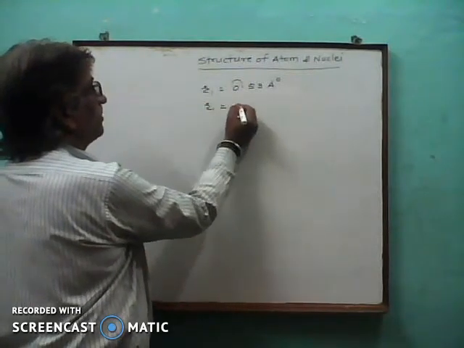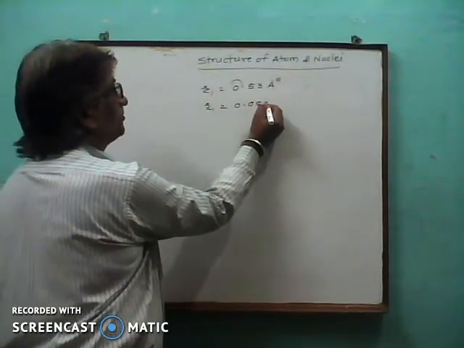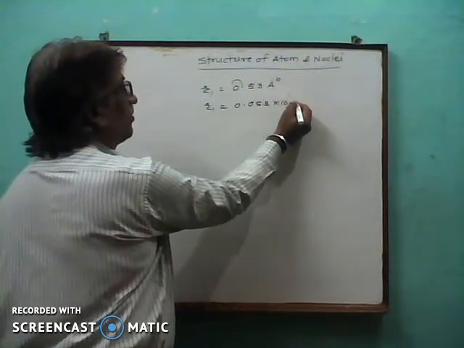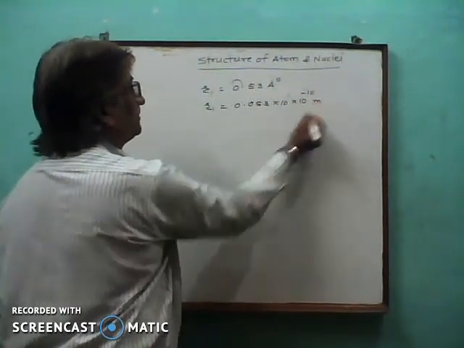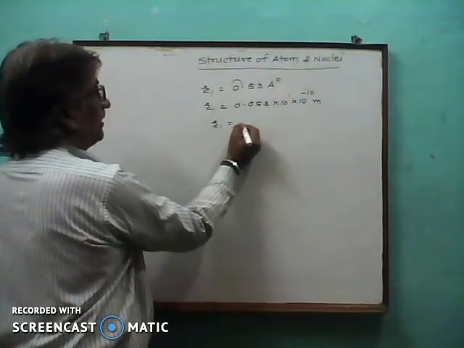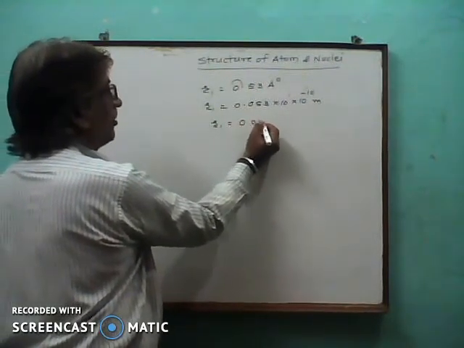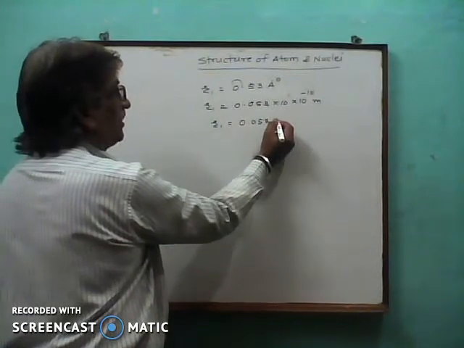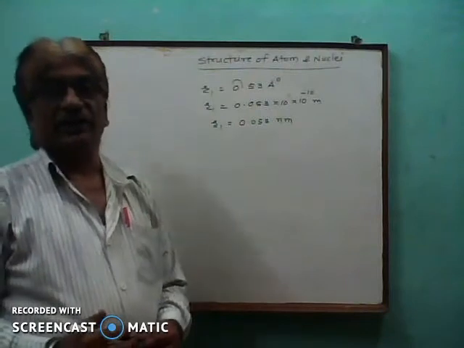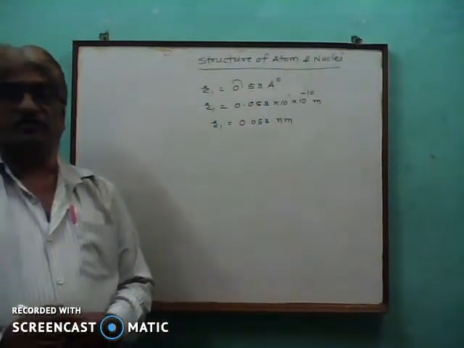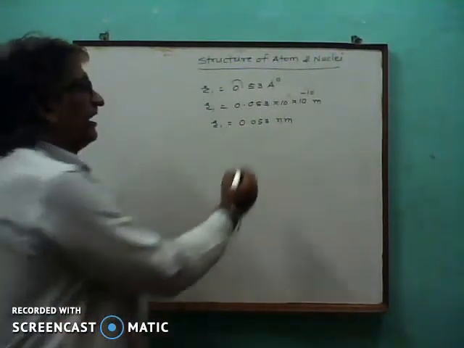So r1 is equal to 0.053 into 10 to the power 1 into 10 to the power minus 10 meter. So r1, radius for first orbit in Bohr theory of hydrogen atom, will also be written as 0.053 nanometer.